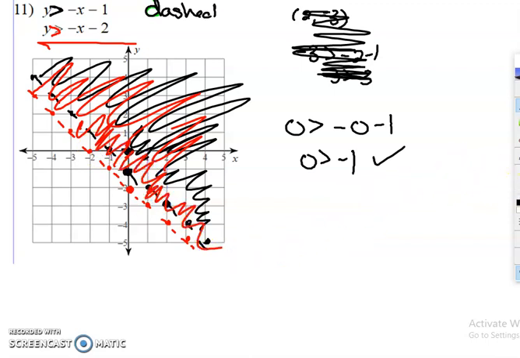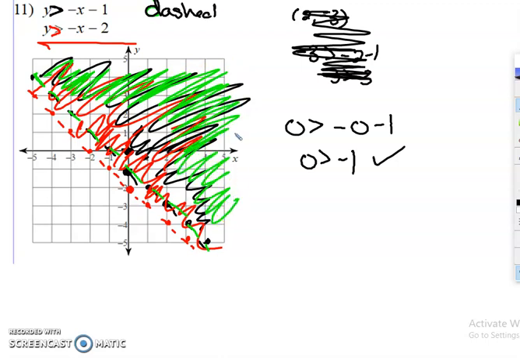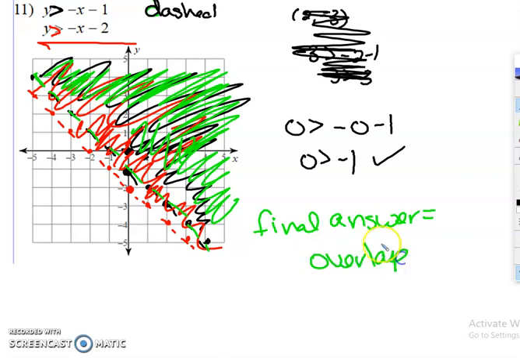So my final answer is really from this line, the black line, up. This is my final answer because that's where they overlap. Final answer equals the overlap.